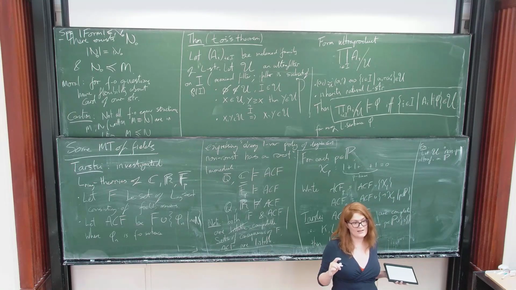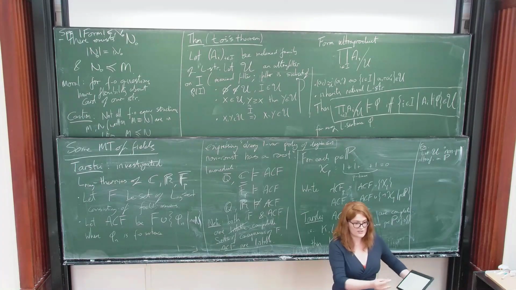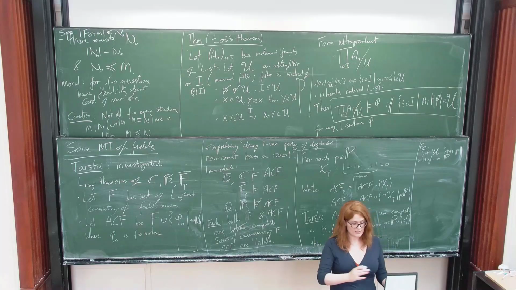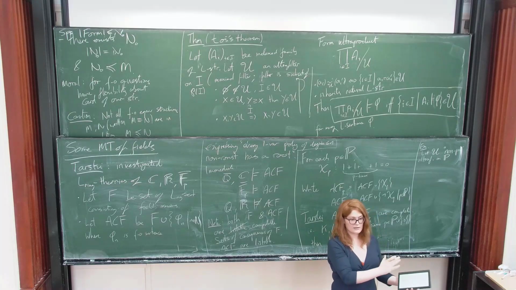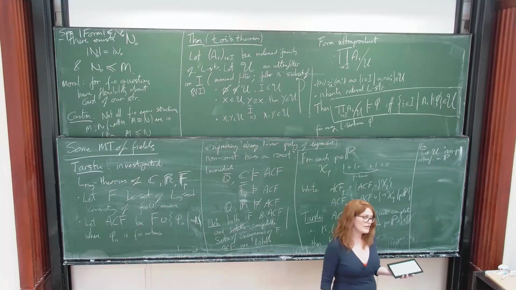Taking an ultraproduct with respect to that kind of filter just takes the structure corresponding to the index 2. That's a sort of boring ultraproduct. It just collapses to being one of the structures you've listed. It's like you've taken a direct product and then immediately projected it onto one coordinate, that's all. So that's a boring sort.